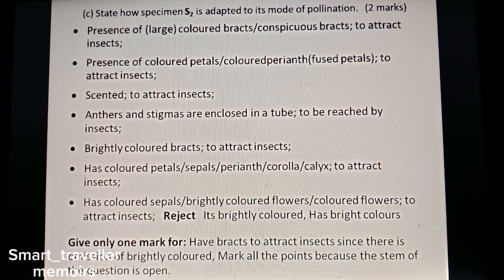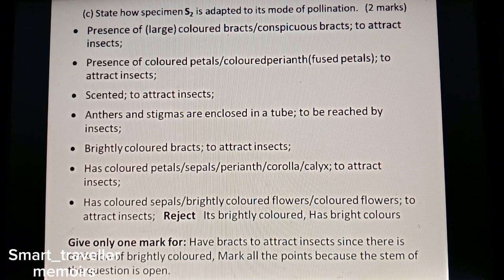Presence of colored petals to attract insects. Scented to attract insects. Anthers and stigmas enclosed in a tube to be reached by insects. Brightly colored bracts to attract insects. Has colored petals to attract insects, has colored sepals to attract insects.